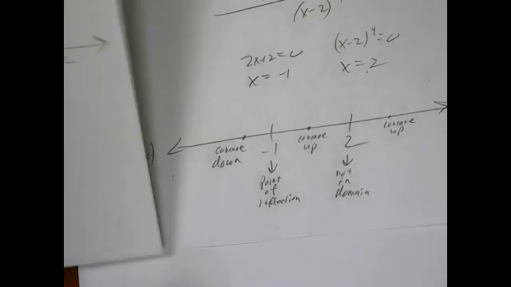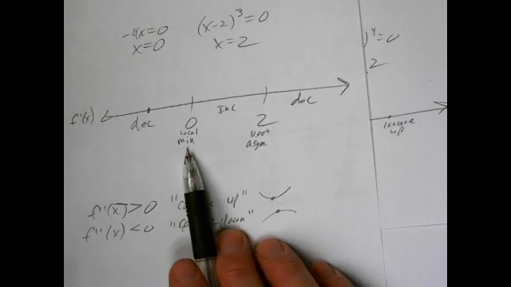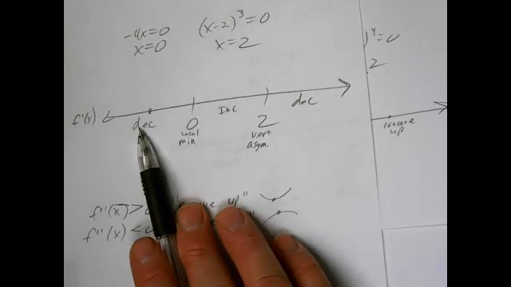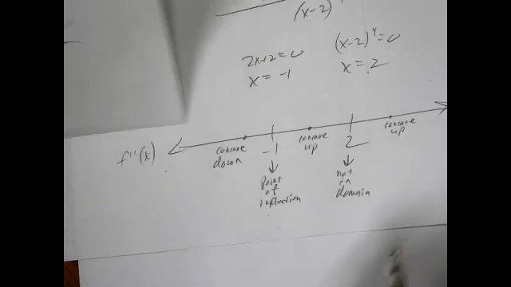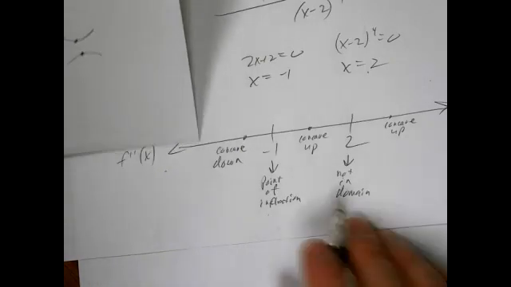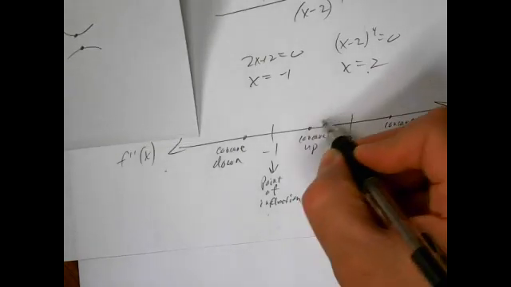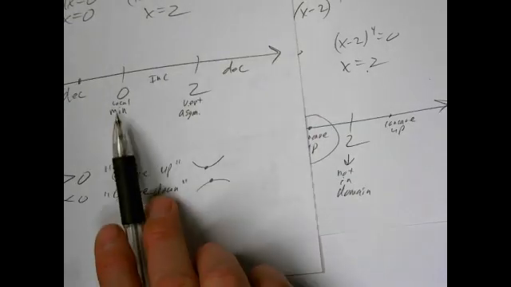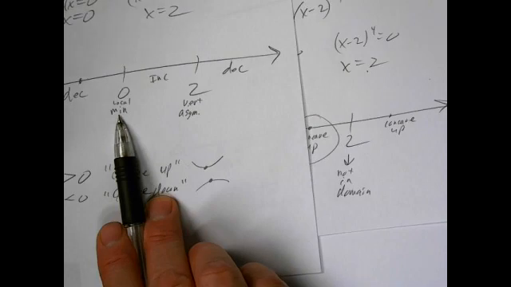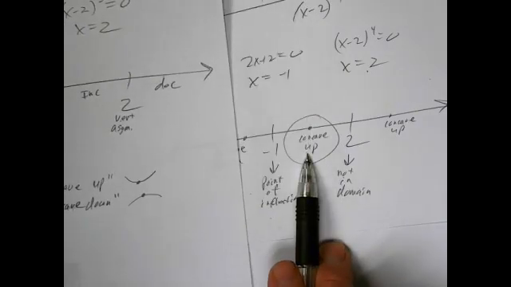At 0, I had previously said I had a local min because it went from decreasing to increasing. Also notice that 0 is in this interval. So at 0, my derivative was 0, and at 0 it was concave up.